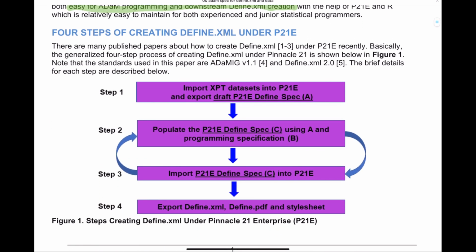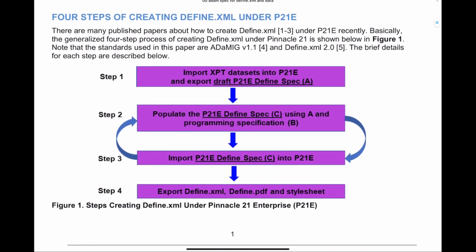So let's go down. First, let's see the Define creation, the 4 steps on the Pinnacle 21. So the first step is quite straightforward. Just load your XPT dataset into the Pinnacle 21, and then immediately you can export the draft Pinnacle 21 spec.